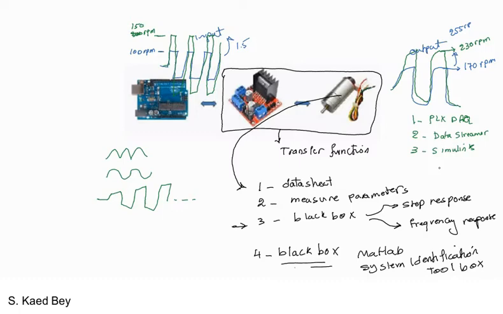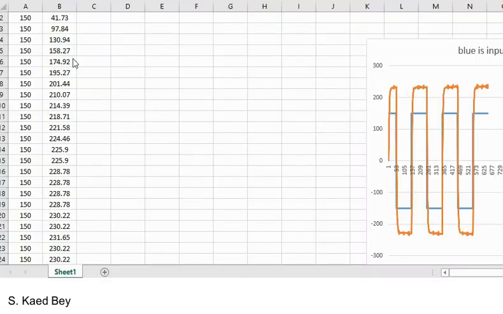You could later change those into an ID data object that can be directly used by the System Identification Toolbox. My data look like this. There are two columns. The first column is my input, which is shown in blue here, and the second column is my data. So let's import these into Matlab.